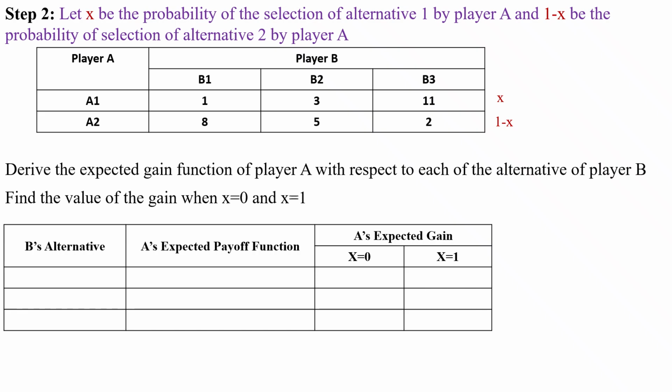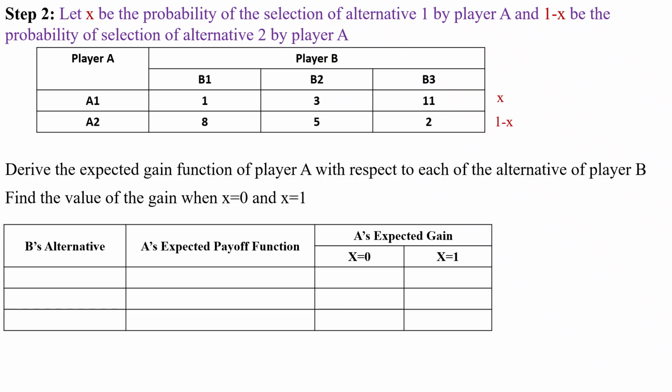Here, the first column represents B's alternative. The second column is A's expected payoff function. And the third and fourth columns are A's expected gain when x equals 0 and when x equals 1.